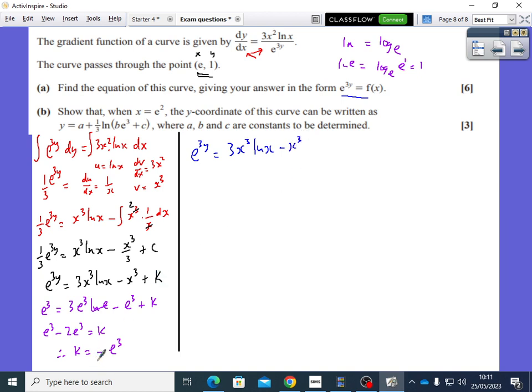This time k is going to be replaced by minus e to the 3, and that is my answer in this form. Okay, so it's e to the 3y in some function of x.